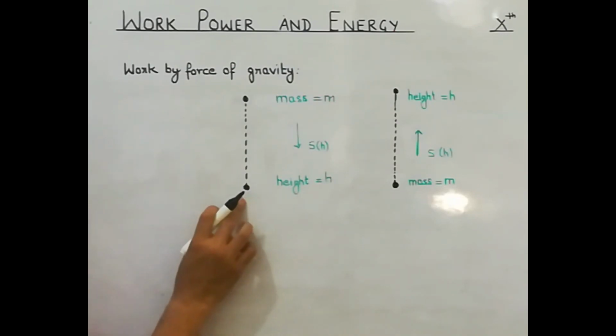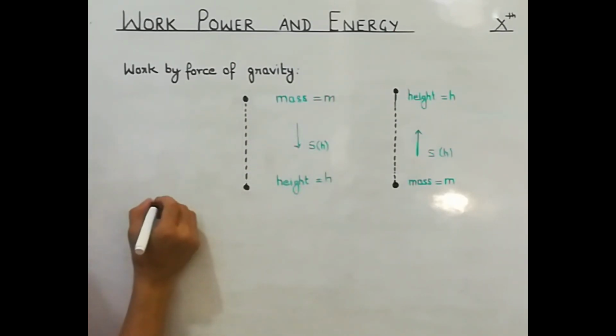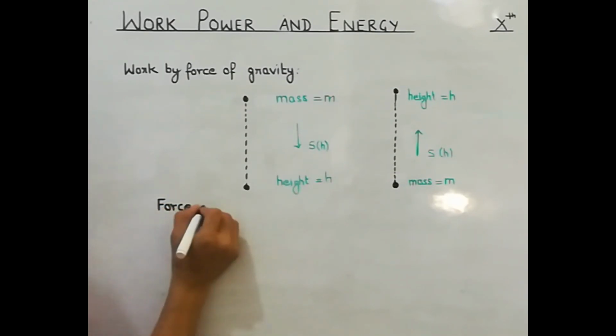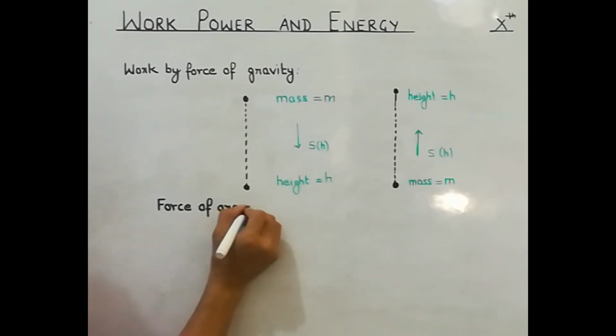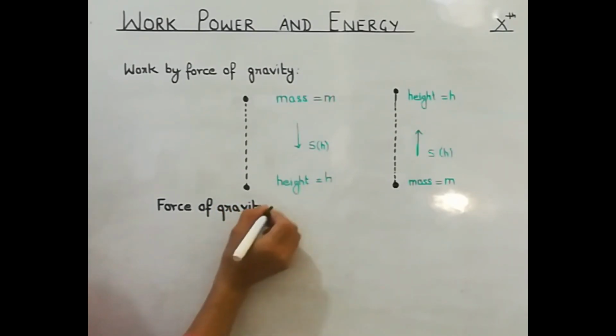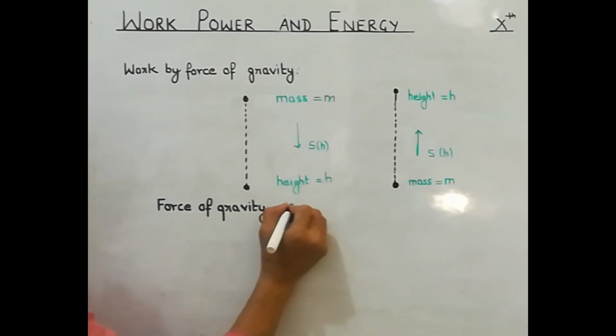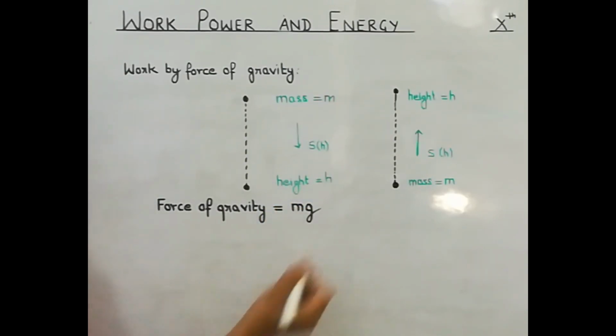So how much will be the force of gravity on this body? Force of gravity in this case will be m into g. This is the formula for force of gravity.